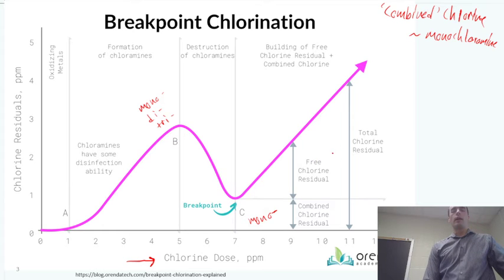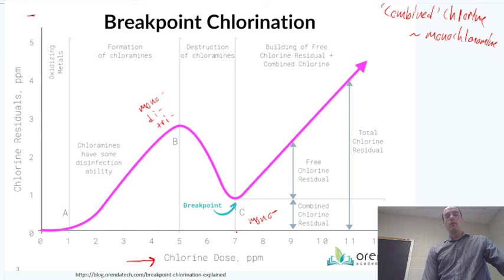Then we would say that first milligram per liter is all combined chlorine. That's just going to stay there essentially. So we need 5 on top of that. So we need to get to the 6 mark up here, so that we have a net of 5 milligrams per liter of free chlorine.